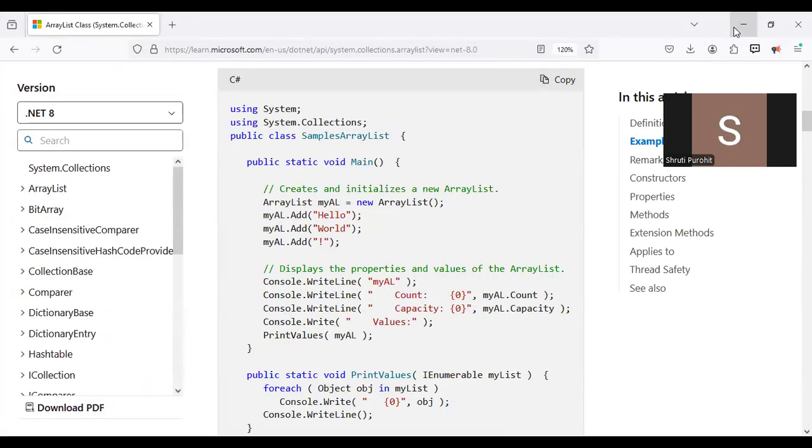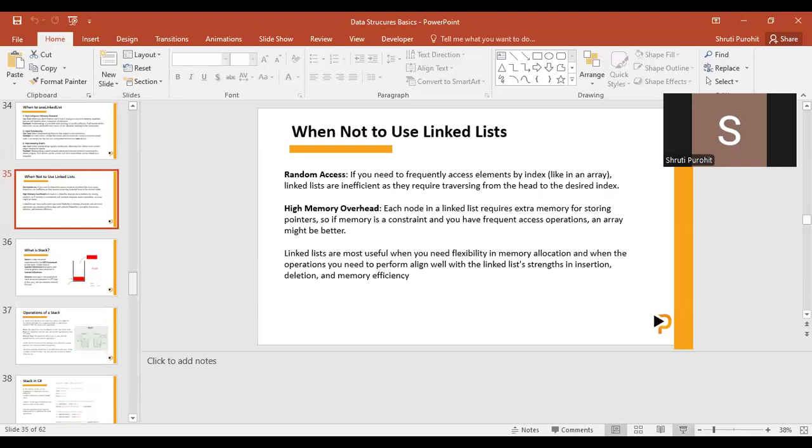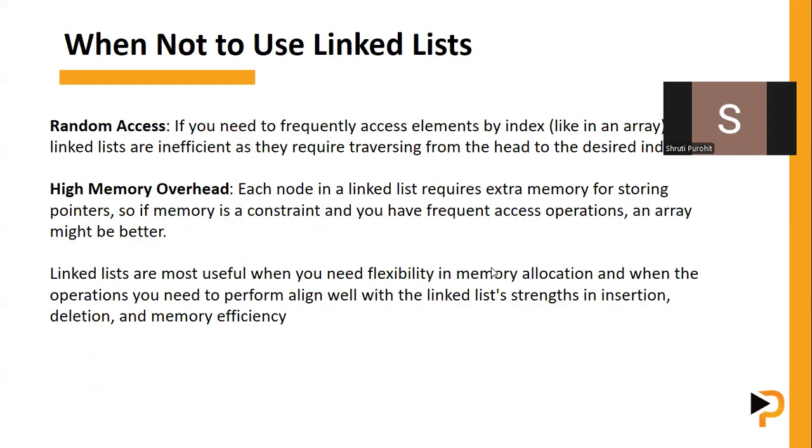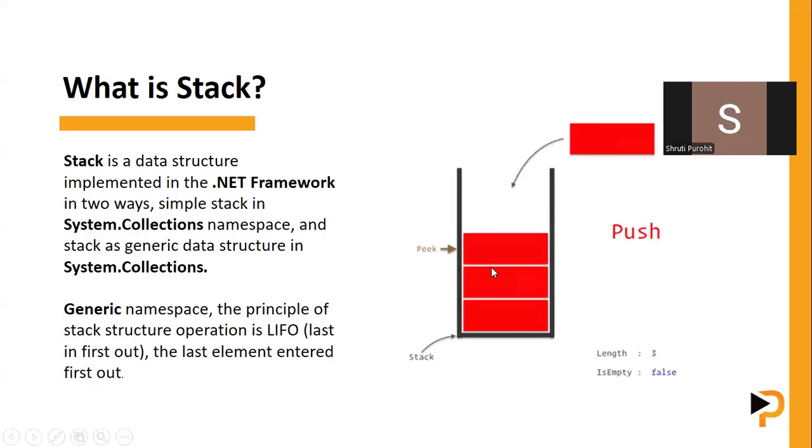So go with it. Now let's start with the next data structure, and that is nothing but a stack. So stack obviously is a data structure where it's last in, first out.